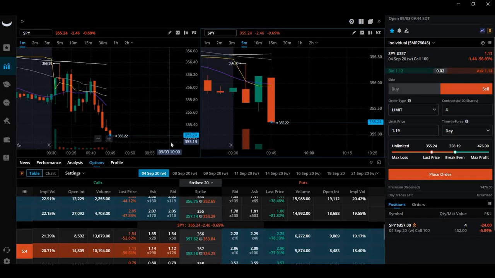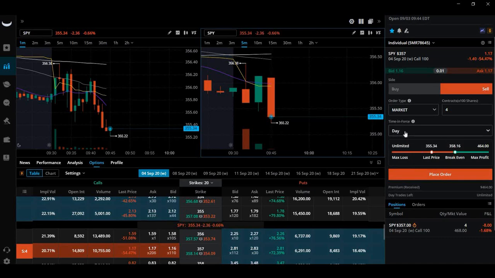Because at this point, I'm like, man, I've got to be at the bottom, this thing's got to pull. Because the SPY is so up and down all day, it never really sells off hard. So that was it. 355.22 is basically the bottom of this move.